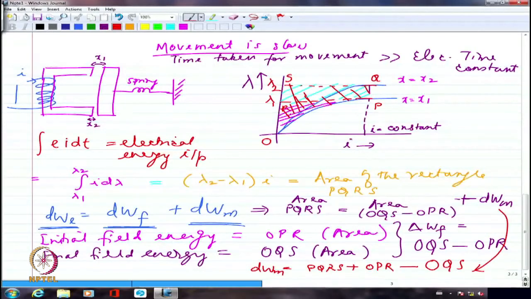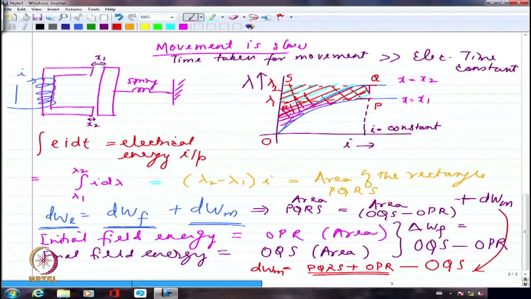Right? So if I look at the entire area, I am getting this entire area as the total area which is enclosed by the summation of these two, minus whatever is the area that is actually taken up only by this portion.